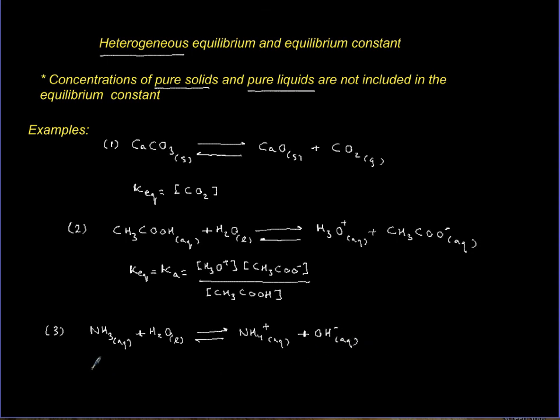If we ask you to write the equilibrium expression, we can write it as K subscript B because it's a base. It's simply products over reactants, but do not include water because it's a pure liquid. So for heterogeneous equilibria, do not include pure liquids and pure solids in your equilibrium expressions.